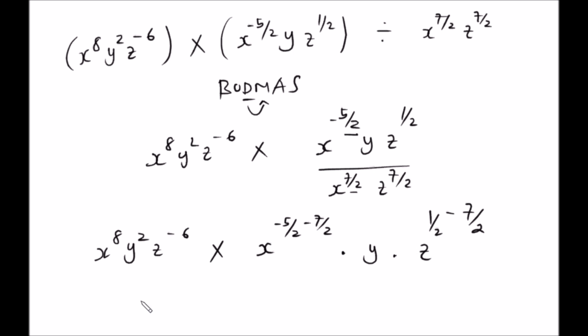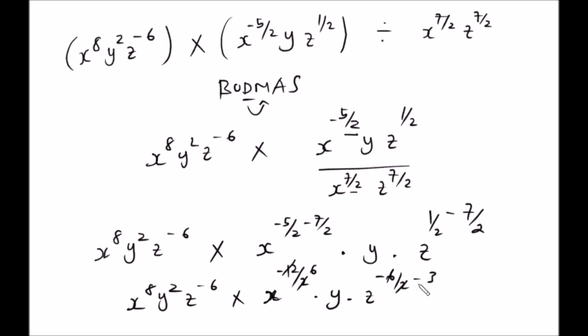So tunabaki na nini? Huku tunakuwa tuna x power 8 y squared times z power negative 6 times x power negative 12 over 2 times y times z power negative 6 over 2. So hapa tutabaki na negative 6 na hapa tutabaki na negative 3.